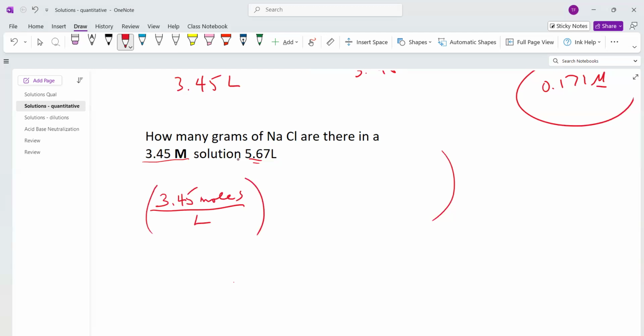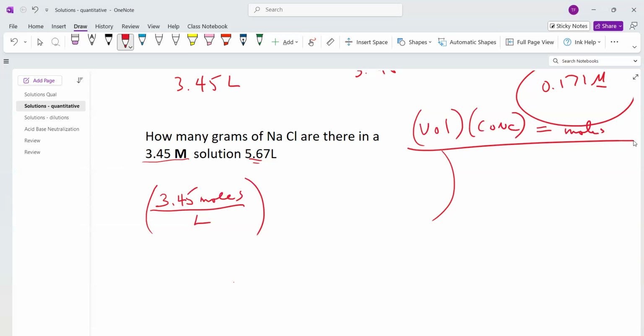Now, if we multiply volume times concentration, we get moles. We're going to be using that a lot in this unit. So volume times concentration. Volume is in liters, not milliliters. Concentration is in moles per liter. So if you have milliliters, you have to convert to liters first.